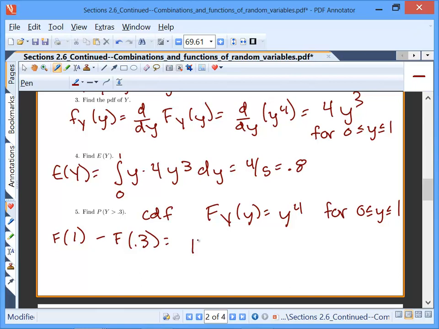So this is going to be 1 to the power of 4 minus 0.3 to the power of 4. That's 0.9919. So it turns out that's actually a pretty big probability.